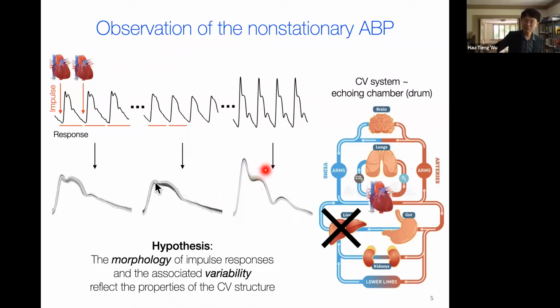So based on physiological knowledge, our hypothesis is that the morphology of the impulse responses and the associated variability reflect the properties of the cardiovascular system, and may be used to design useful indices for clinical surgery assessment.